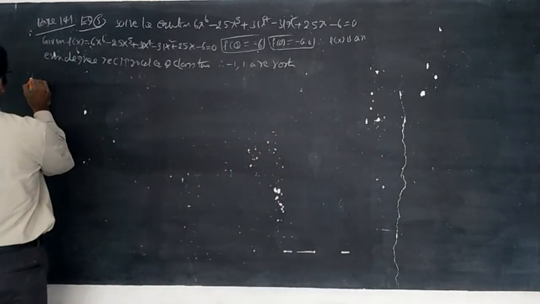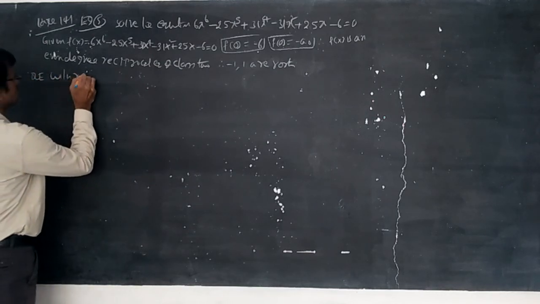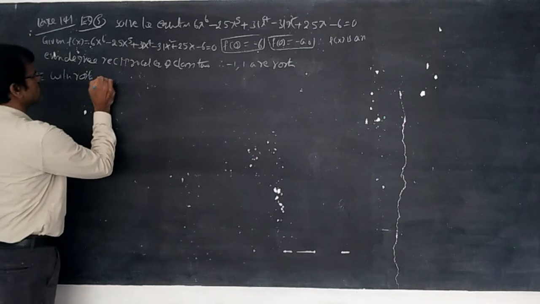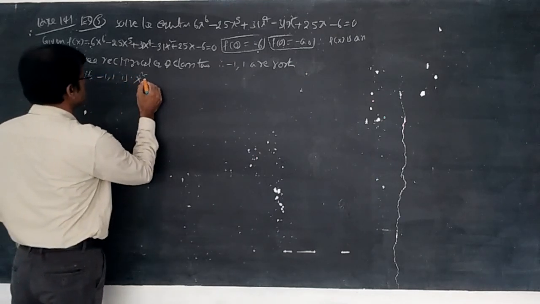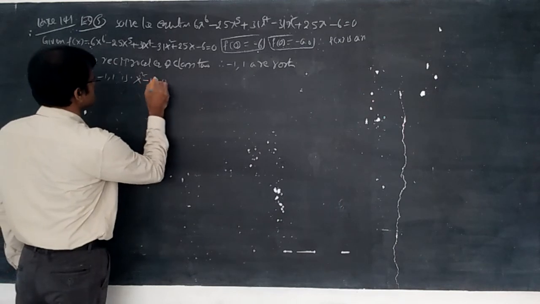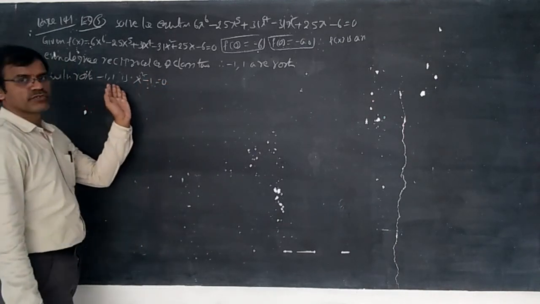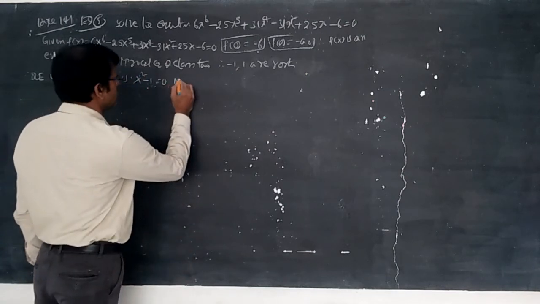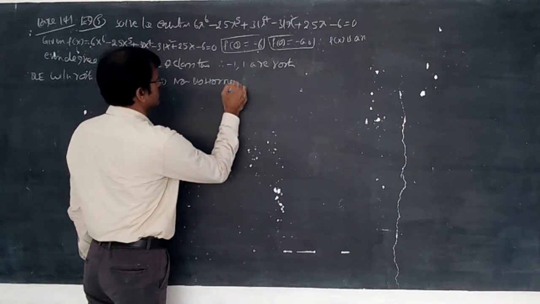Now the quadratic equation with roots minus 1 comma 1: x plus 1 into x minus 1 equal to 0, that is x square minus 1 equal to 0. Now we can write Horner's method.